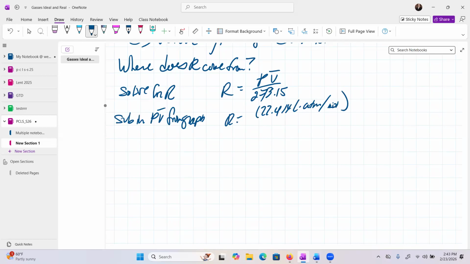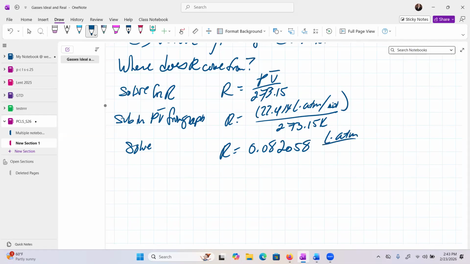And then we put in the temperature, which is already here, 273.15, just like so. That's in kelvins. Okay, and now we solve. And we get R equals 0.082058 liter atmosphere per mole Kelvin. And that, my friends, is how they get that number that they give you in Gen Chem.